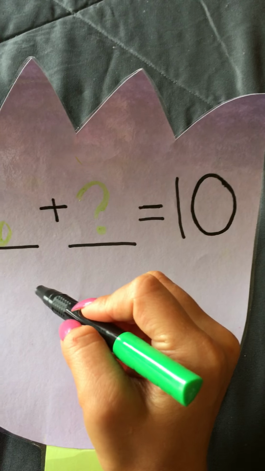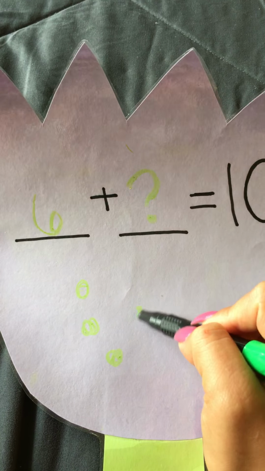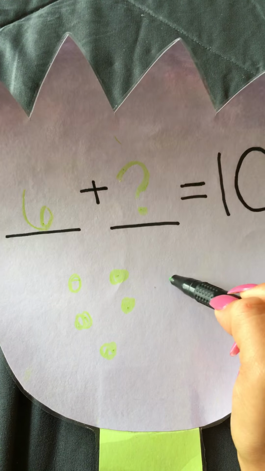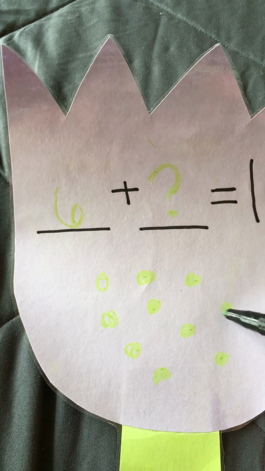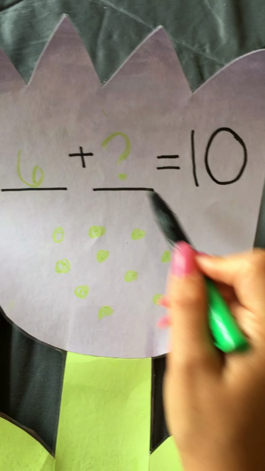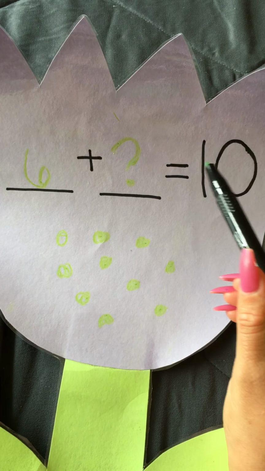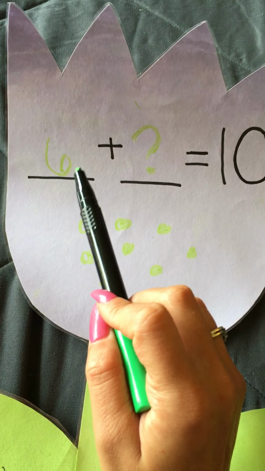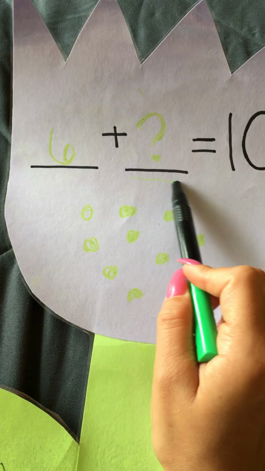This time we're going to start by drawing 10 dots all together. 1, 2, 3, 4, 5, 6, 7, 8, 9, 10. So we know that we have 10 dots total. So that is this part of the equation. And we need to figure out what 6 plus what equals 10, so we have to find this missing number.